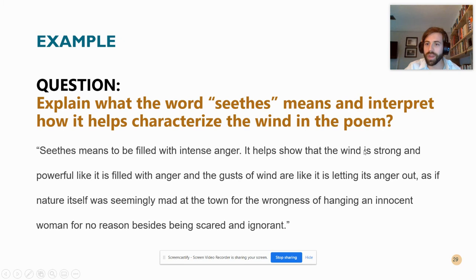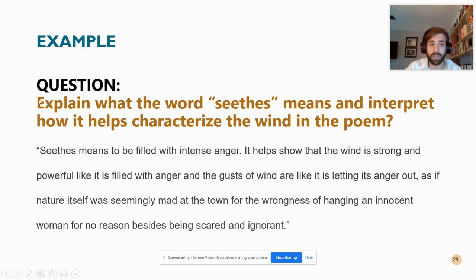It helps show that the wind is strong and powerful, like it is filled with anger, and the gusts of wind are like it is letting its anger out, as if nature itself was seemingly mad at the town and the wrongness of hanging an innocent woman for no reason besides being scared and ignorant. There we go.